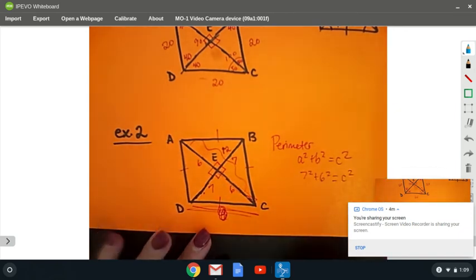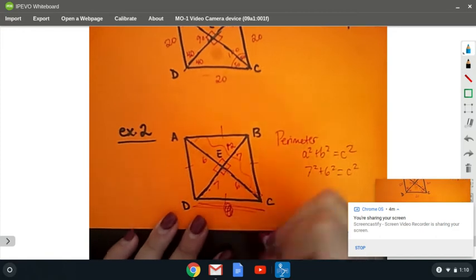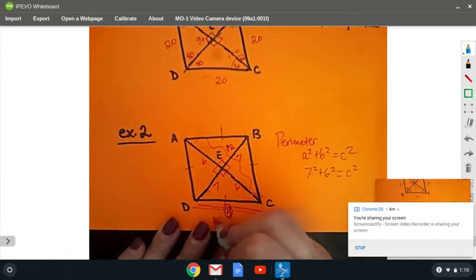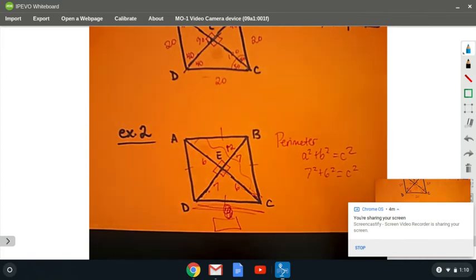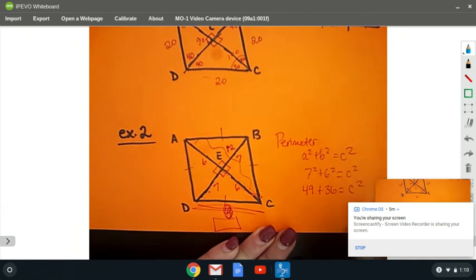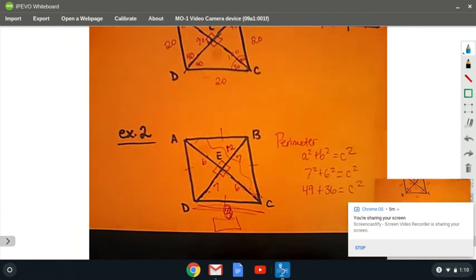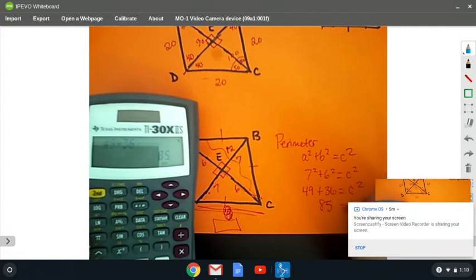You need to find your c squared. It looks like the numbers I randomly made up here are probably going to give me a decimal. That's okay. So I'm looking to find this one side. And then I have to multiply it by 4 because there are 4 sides. So this one side is 49 and 36, and that gives me 85.